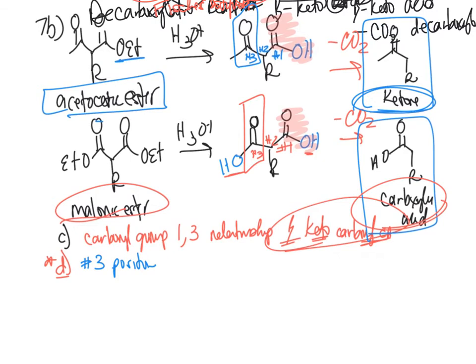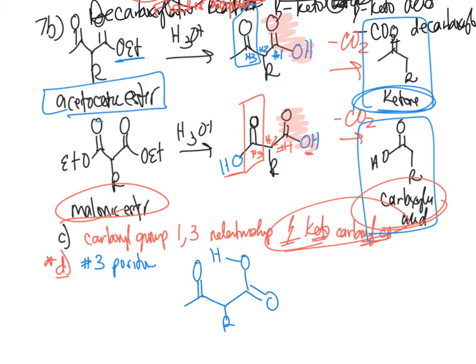Okay, so at this point I want to show you the mechanism for the decarboxylation reaction. When you do this, you want to be concerned about how you draw the acetoester, and you want to draw your acid like this.